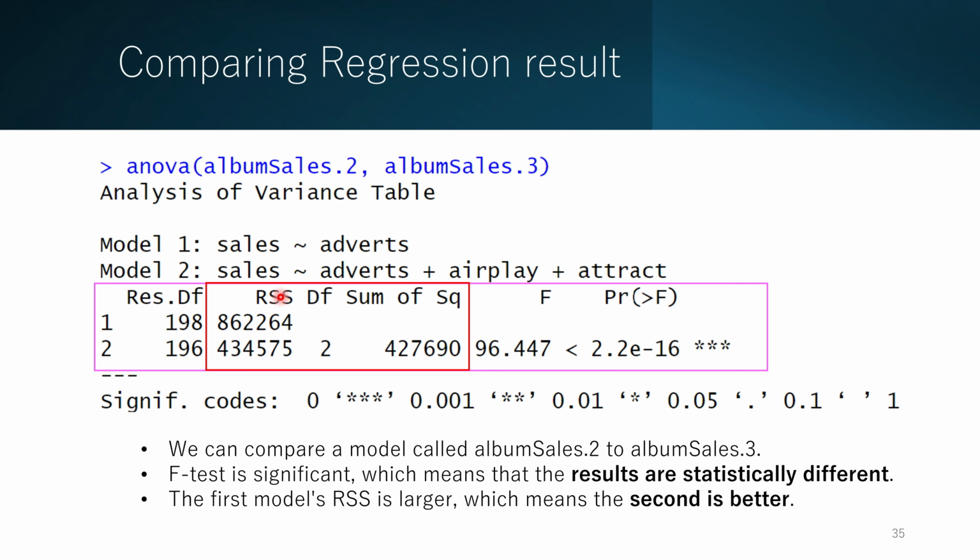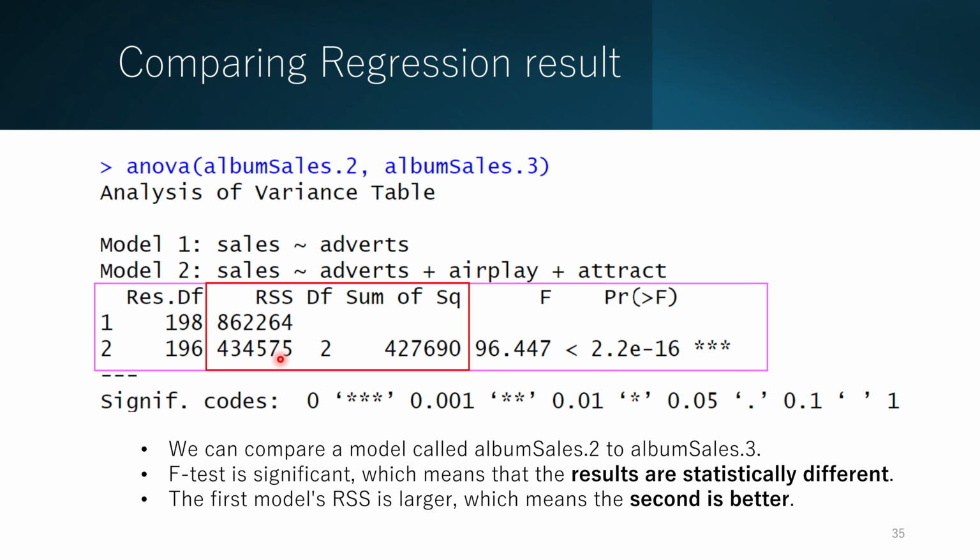We can compare the RSS of model 1 and model 2. RSS is the residual sum of squares. You will see model 1 has a larger RSS and model 2 has a smaller RSS. So in this case, comparing model 1 and 2, RSS is smaller in model 2.